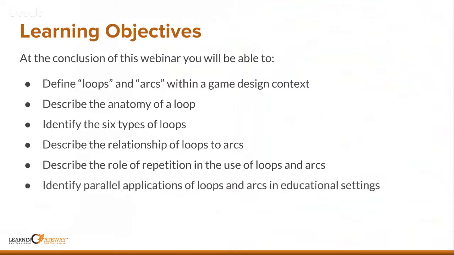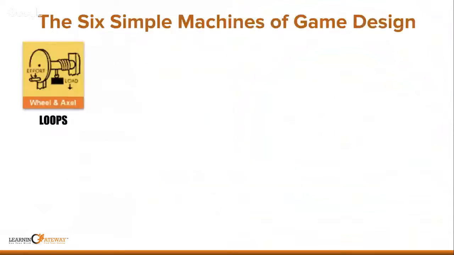And finally, we will identify the parallel applications of this element of game design. I'm going to go through a case study with you that is completely low tech, involves no online games or applications. It is purely an intervention that you would use in a higher education setting, because that's exactly how we used it. But you'll be able to see how these concepts of loops are applicable to that setting.